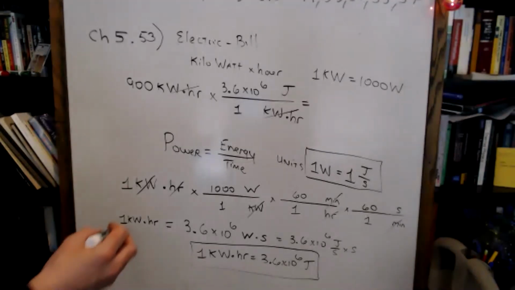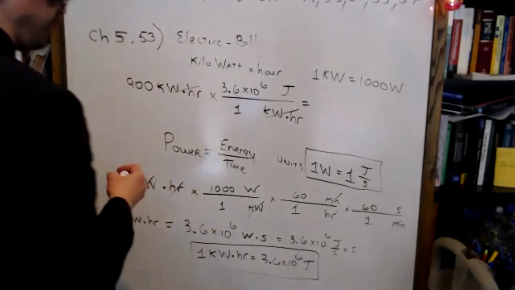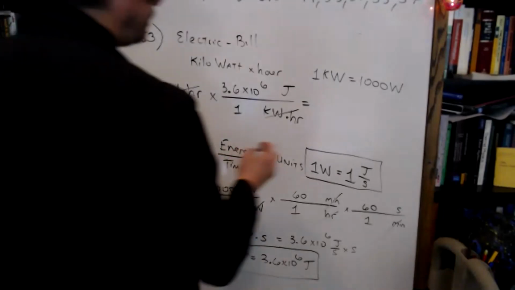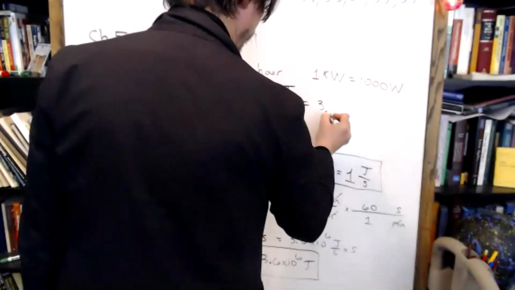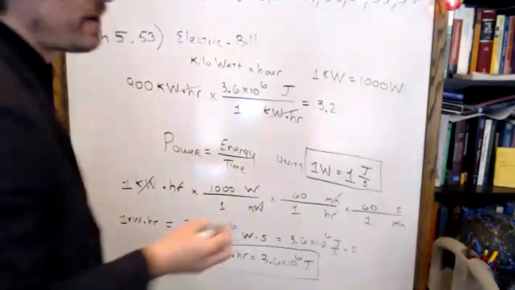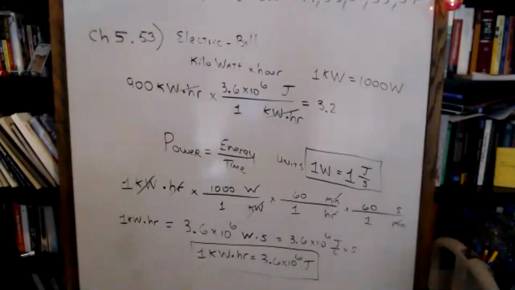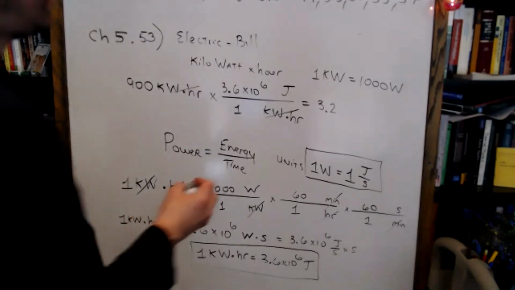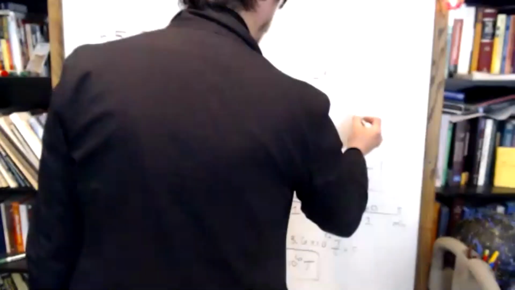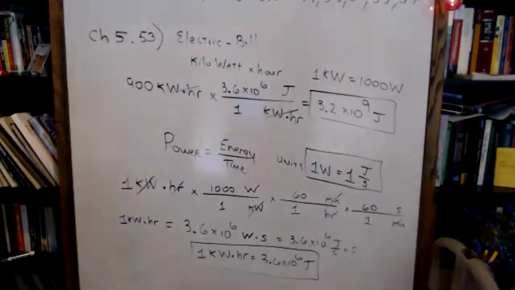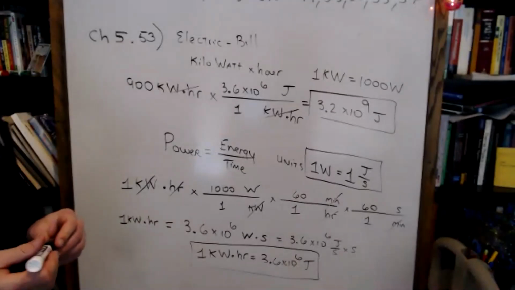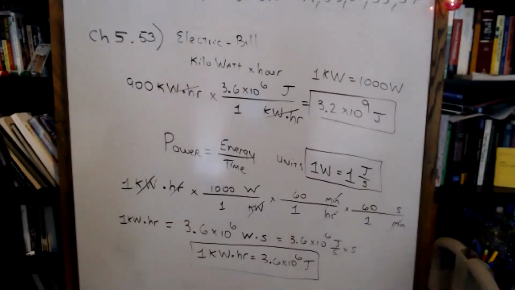Okay, how about 2 sig figs? 3.2 times 10 to the 8th. Wait, why did your power change? Oh, you're right. Yeah, 3.2 times 10 to the 9th joules. I see, because I did the decimal thing. That was dumb. That's all right.